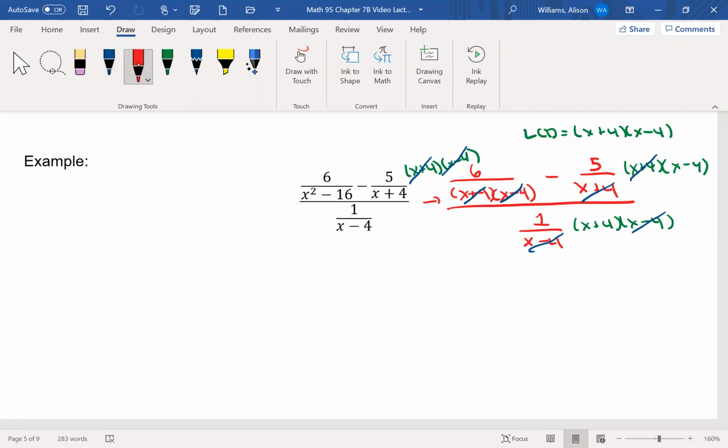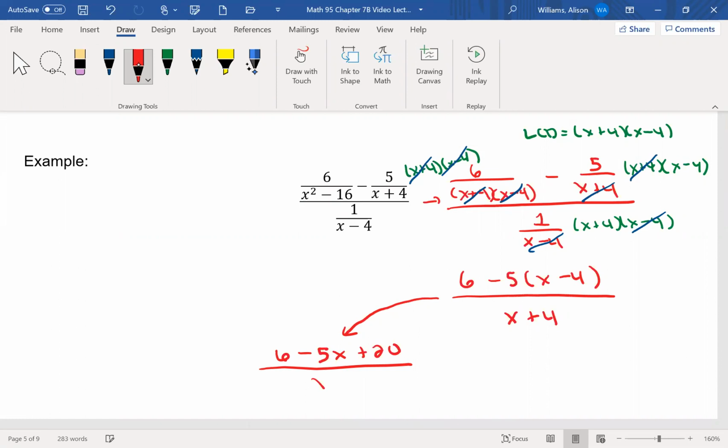In the first term, we're just left with 6. In the second term, we have a negative 5 and an x minus 4, which I'll distribute, over 1 times x plus 4, which is just x plus 4. Let me distribute that negative 5. So 6 minus 5x plus 20 over x plus 4.